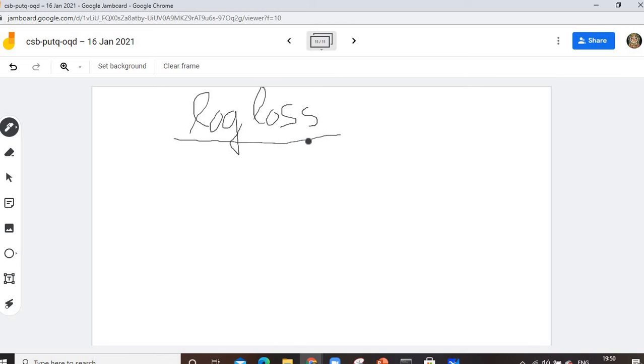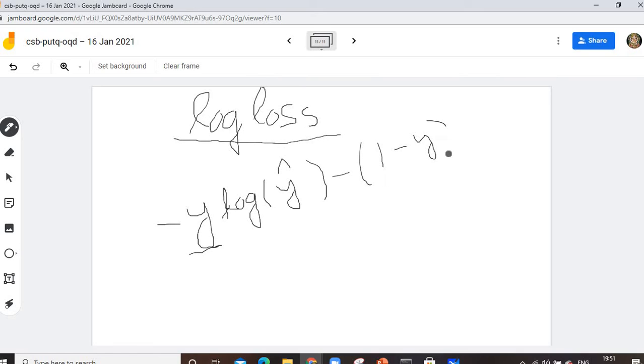So the log loss function is nothing but this: minus y log of y hat, where y is the observation, the actual value, and y hat is the predicted value, minus (1 minus y) multiplied by log of (1 minus y hat).